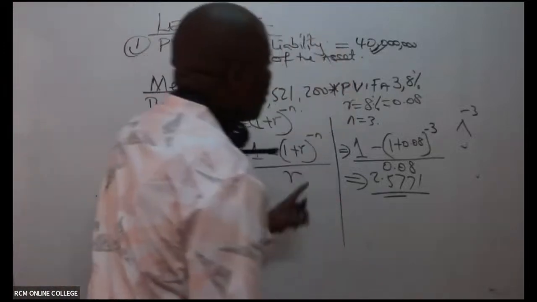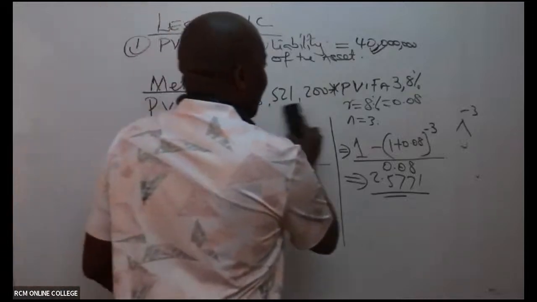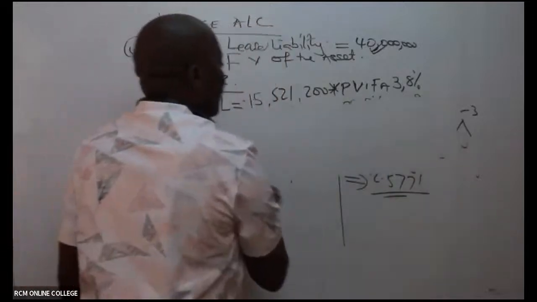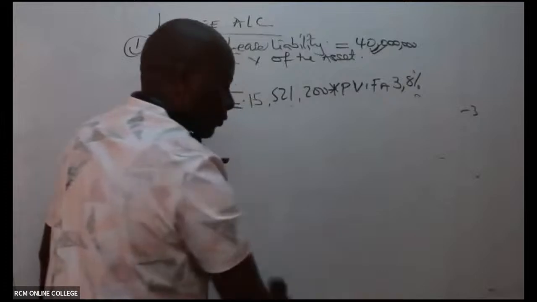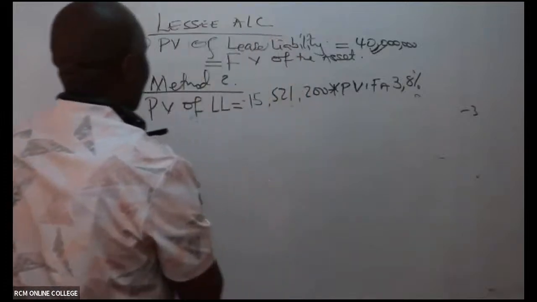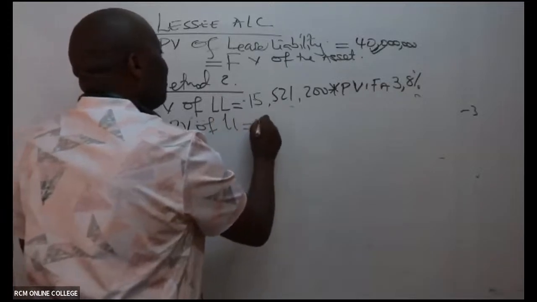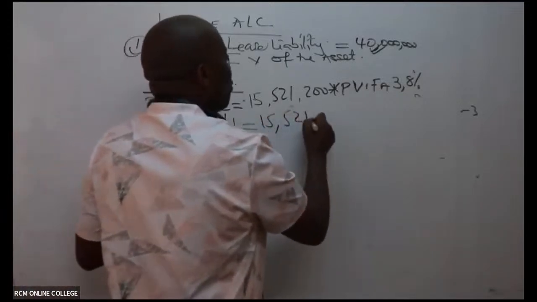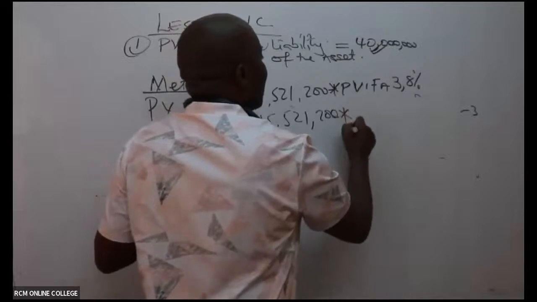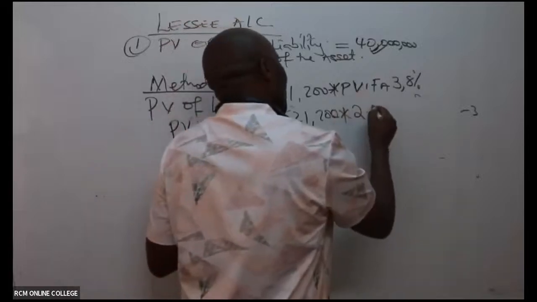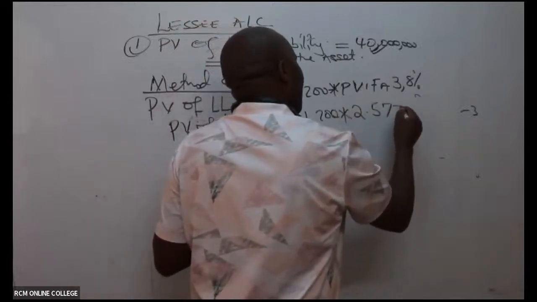So then we have this one, which is really nice. The present value of lease liability will be this 15,521,200 times the PV you have been able to get there, which is 2.5771.